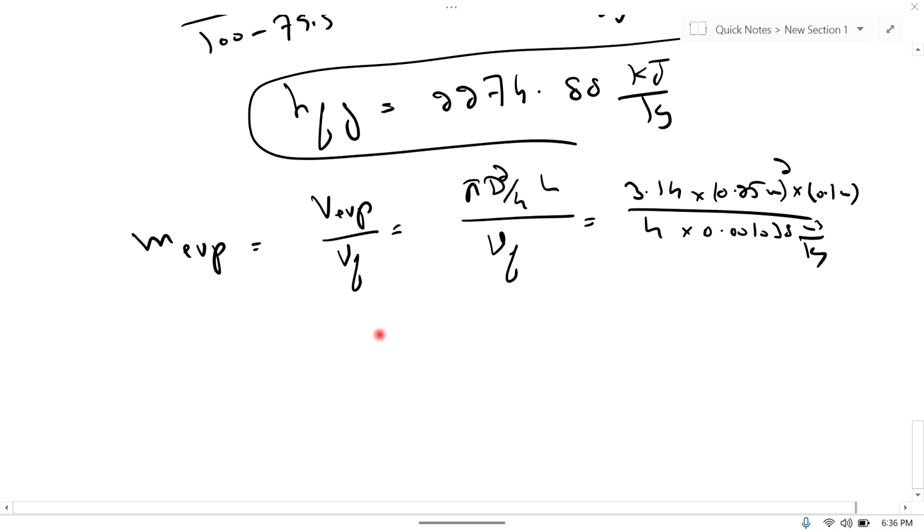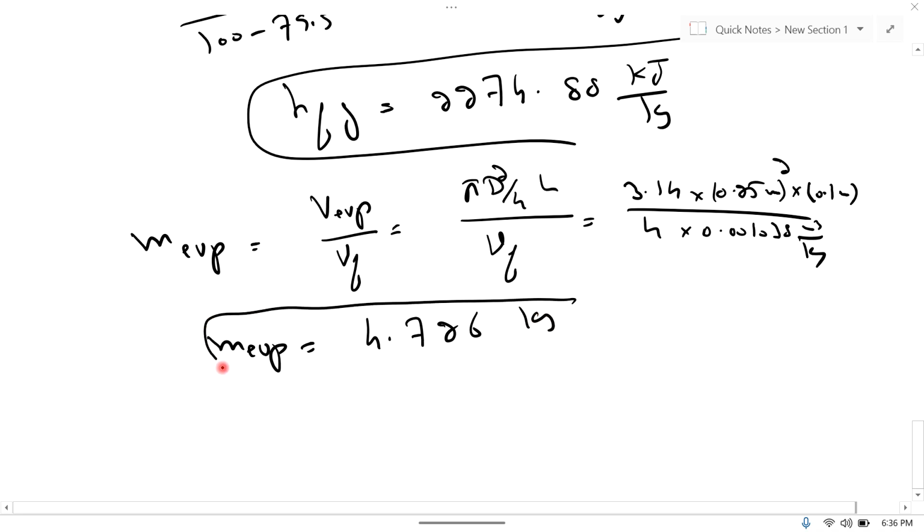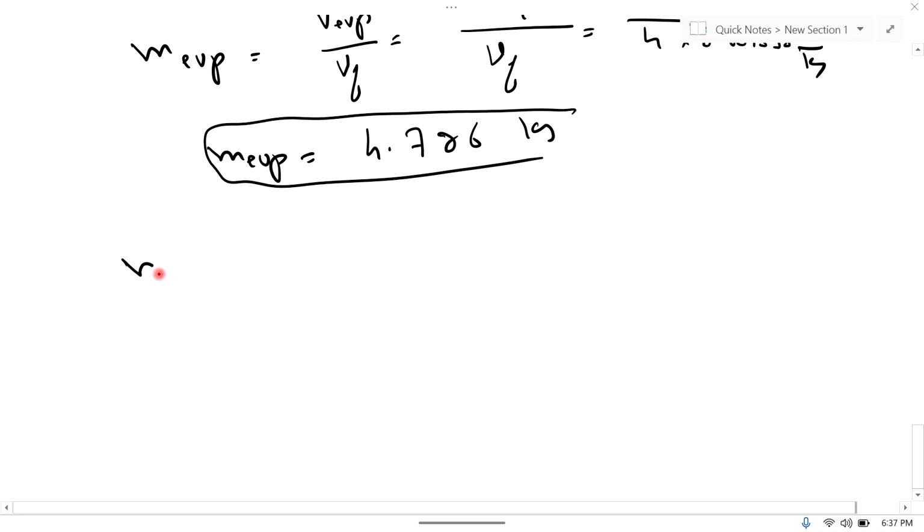So meter cube will be cancelled with meter cube, and kilogram will remain. So mass of evaporation is 4.726 kilogram.